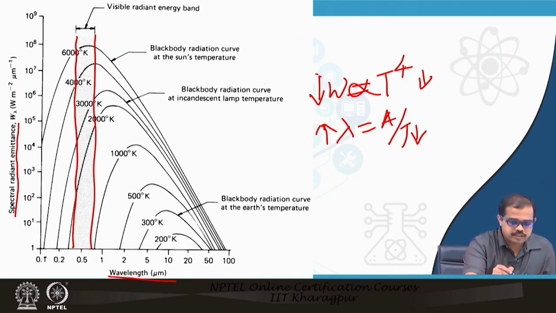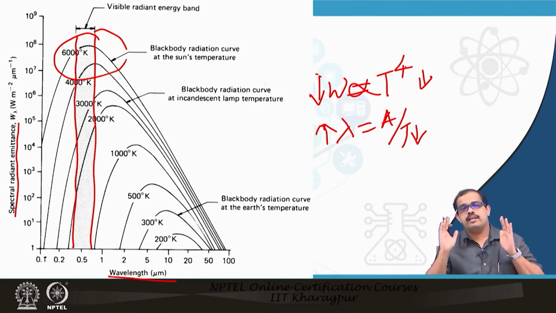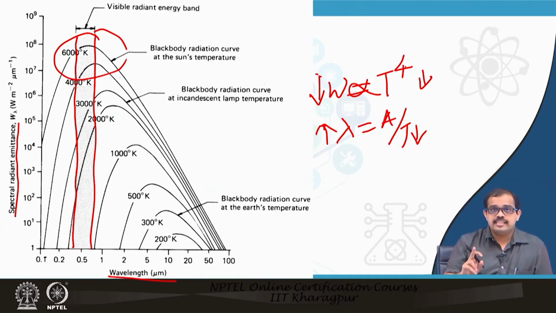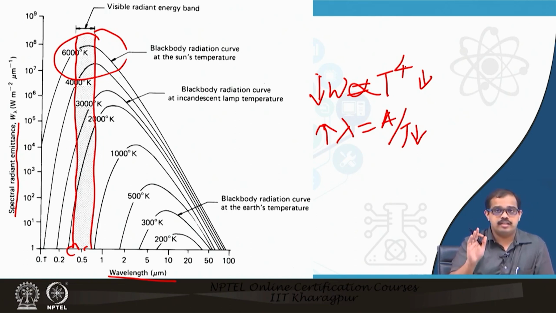The black body temperature is highest where the visible region is located, which means it is easy to capture in the visible region. That is why humans are able to look at the visible region with their own eyes.